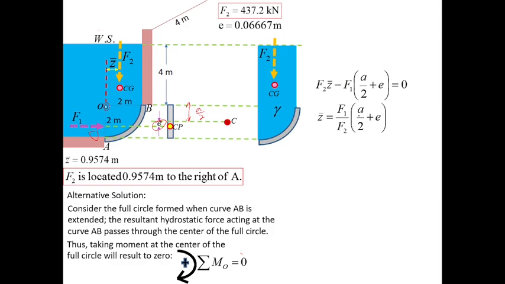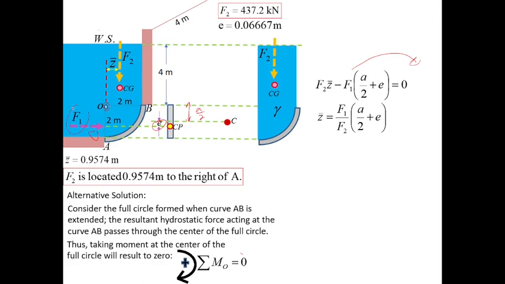equal to 0. No? Then Z bar is equals to, so transpose natin sa right, we have F1 multiplied by A over 2 plus E all over F2. No? So, nag-take tayo ng moment at O. So, taking moment at O, nakuha natin ito. Okay?